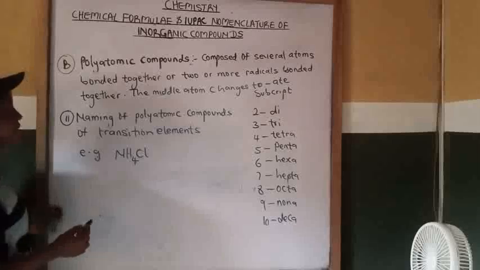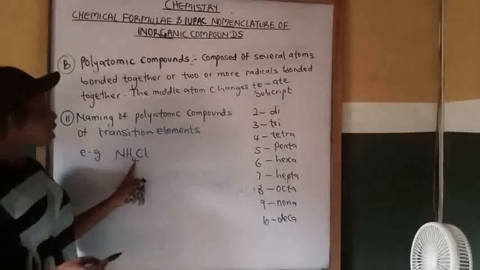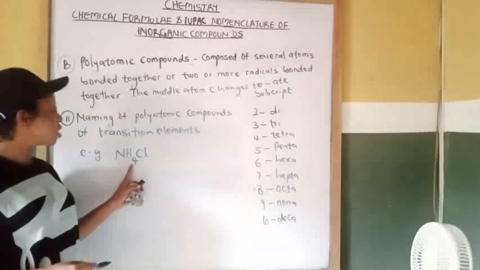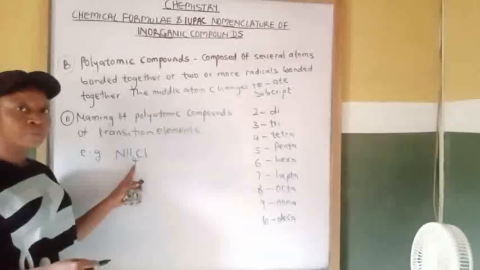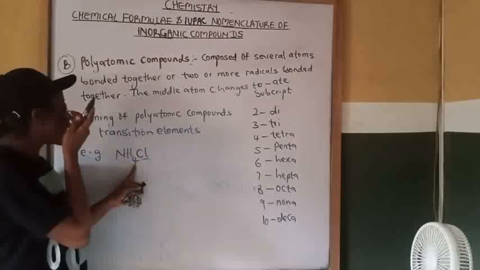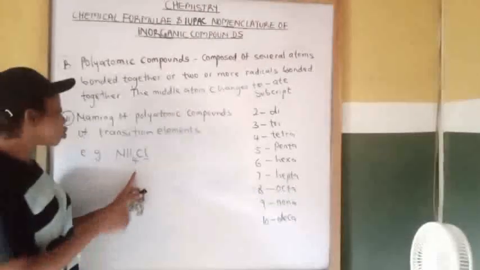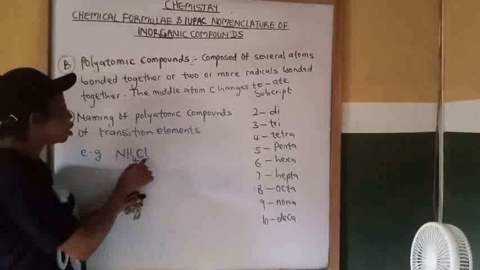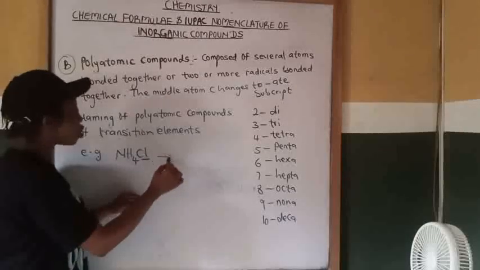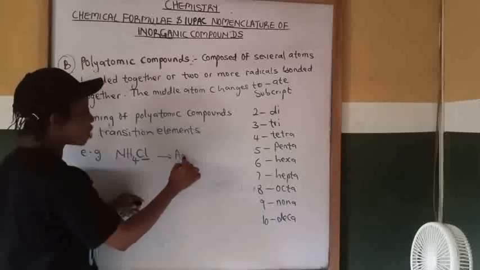What will you name this? NH4 has a specific name, which is called ammonium. Then chlorine will now sound ide, so chlorine will change to chloride. So this compound you call ammonium chloride.